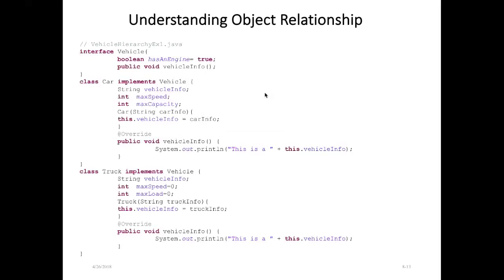If this interface is implemented by the car class, then I have added some extra properties to the car class, like vehicle info, maximum speed, maximum capacity. This car has a constructor, and in this constructor it uses this.vehicleInfo equal to carInfo. Actually I mean that override.